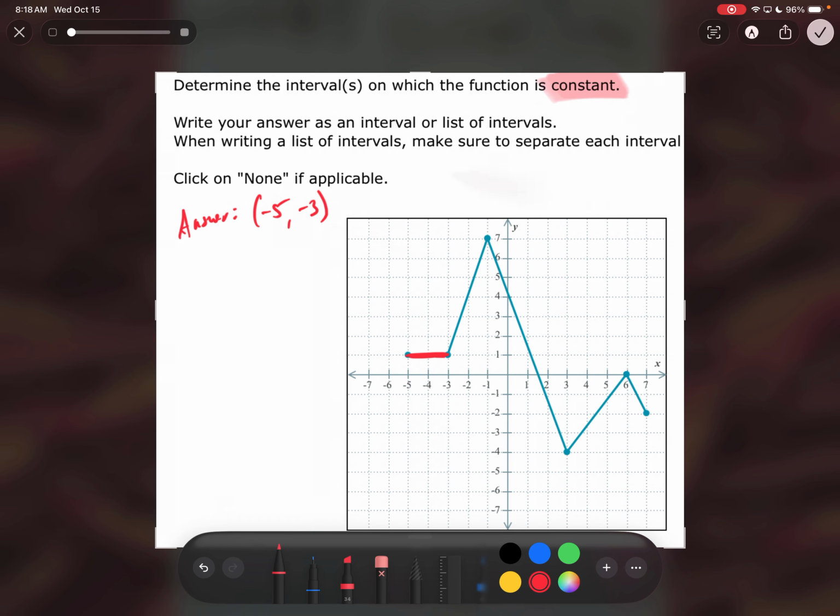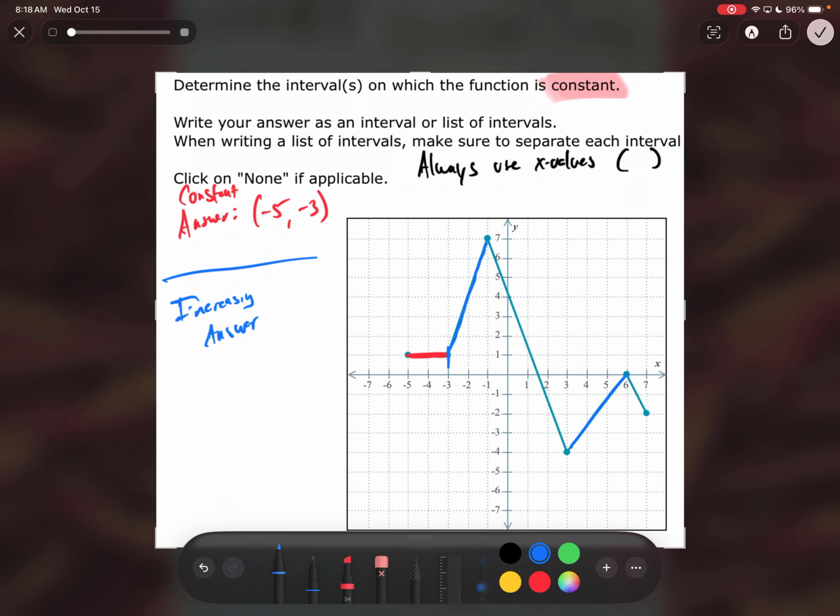So one thing when you're talking about this, you always want to use your x values and use parentheses. Okay. So that's the constant. It will change on you though. So if it asks something for like increasing, that would be this one is increasing and this one is increasing.